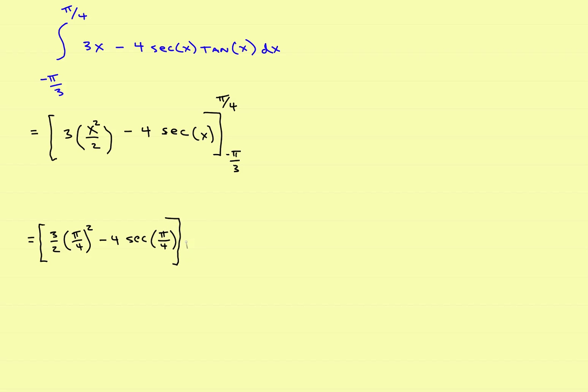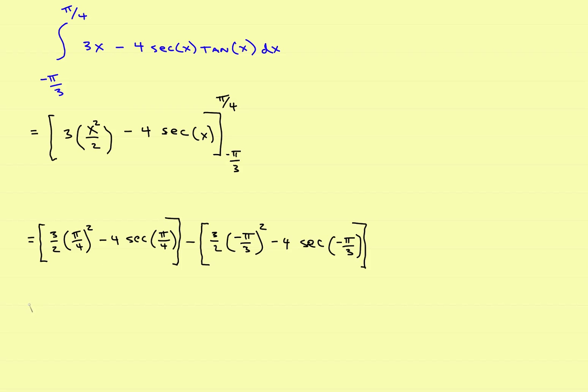So there's the function evaluated at the top number, minus, now plug in the bottom number. So you've got 3 halves of negative pi divided by 3 squared minus 4 times the secant of negative pi divided by 3.